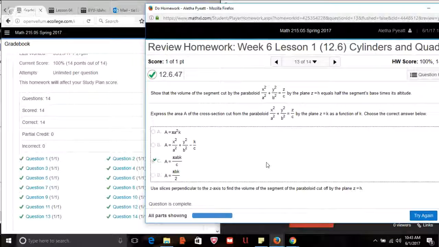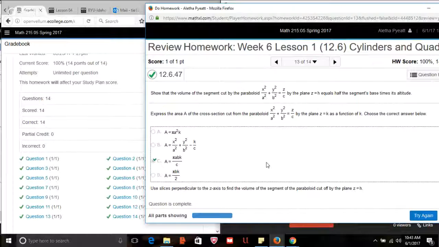Supposedly the area of one cross section, but why? Do you have to factor in k over c because the ellipse is affected by the parabola? Yeah. I'm thinking about it like a level set.